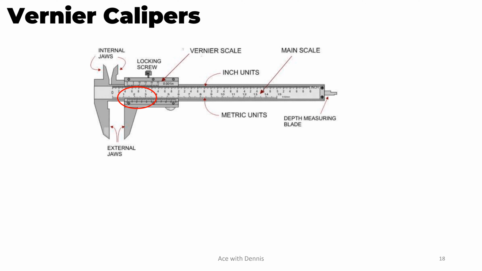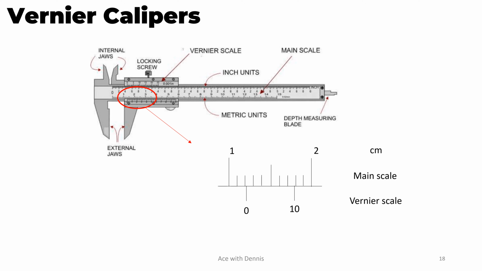Okay, now let's see how we can read. Now let's look at the top part, which is the main scale, right? The unit is in cm. This is the main scale, and the bottom is the vernier scale. So we'll check with the first marking, which is the 0 marking, where it appears.